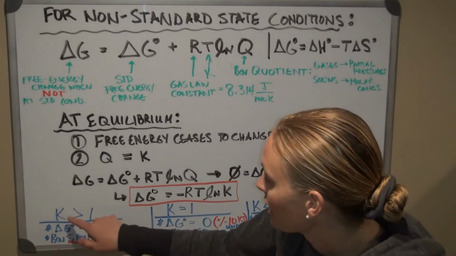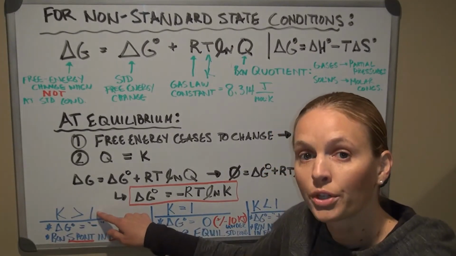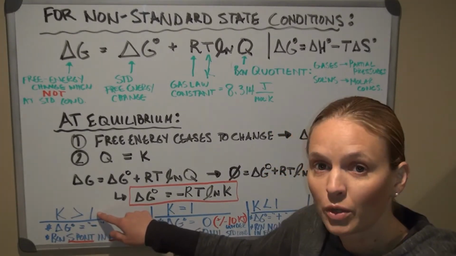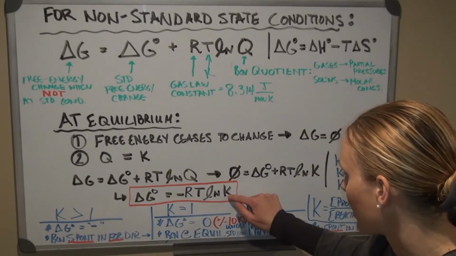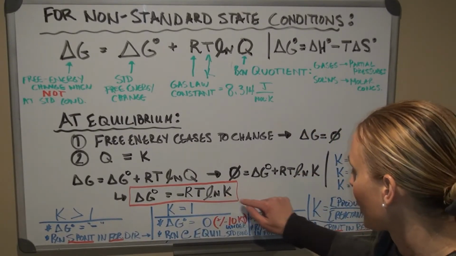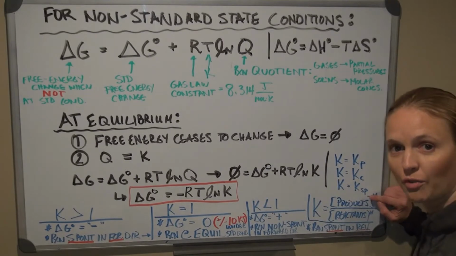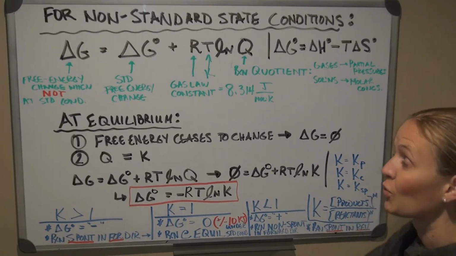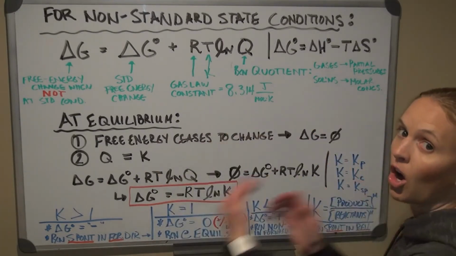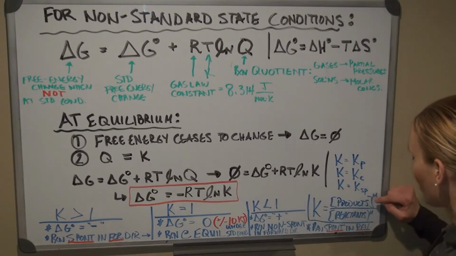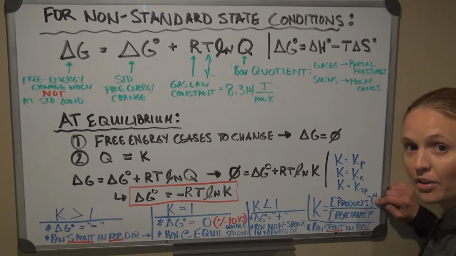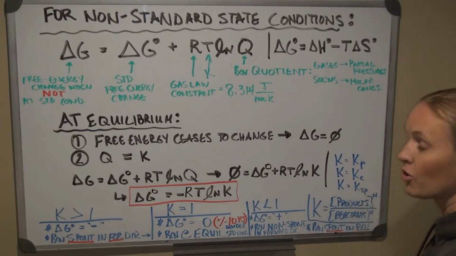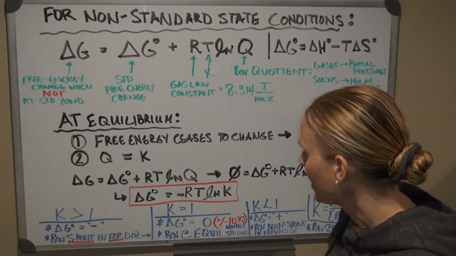All right, so if the K number you know or you calculate is greater than 1, okay, K is equal to the concentration of products over reactants. So if K is really large, we have a lot of products. So we have a high number in our numerator here, and K will be greater than 1. All right?